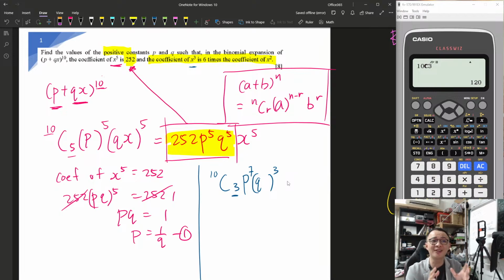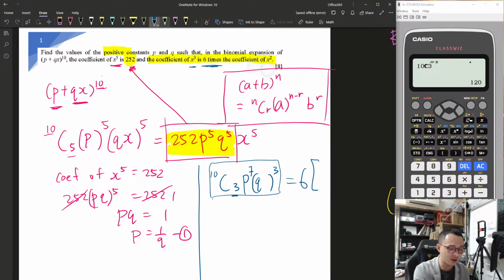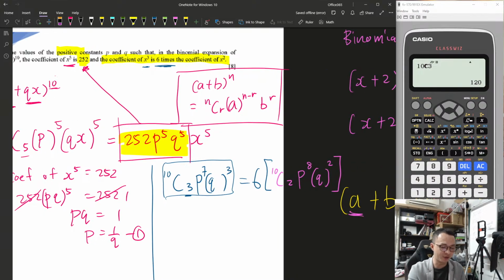Then I will say this one equals 6 times the coefficient of x power of 2. To get the coefficient of x power of 2, I will do 10c2, and then p power of 10 minus 2, which is 8, and then q power of 2. But because I only want the coefficient of x squared, I will not put x here.